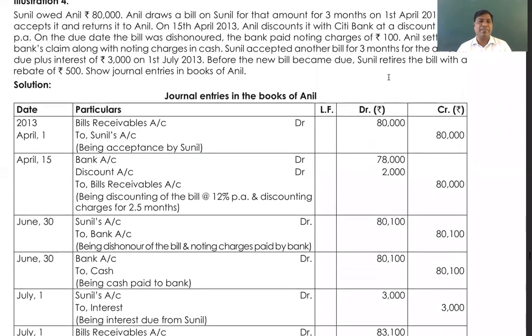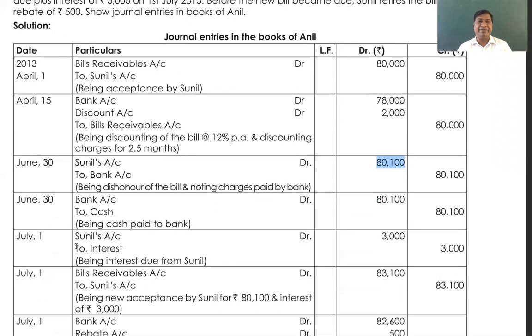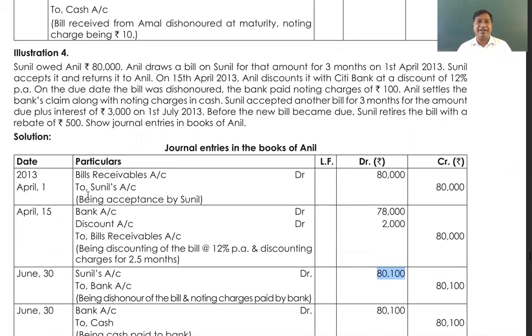So on June 30th, Sunil account debit to bank account. How much? 80,000 plus 100 noting charges. The narration is: being bill dishonored, and noting charges paid by the bank. Then Anil settles the bank claim.